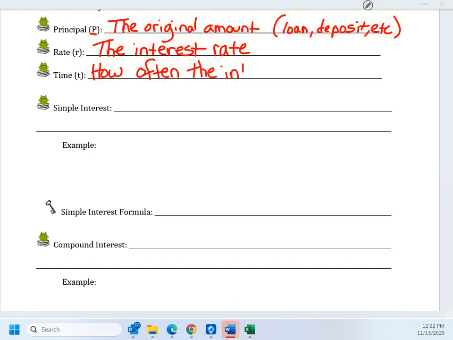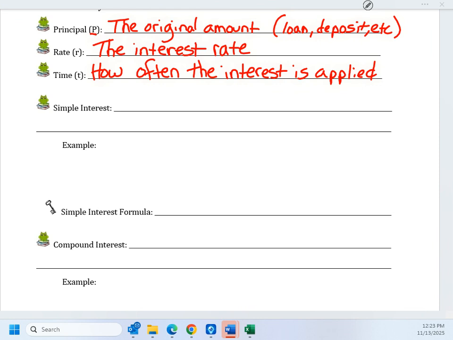the interest is applied. Now, simple interest, because we have two different types of interest we're learning about, simple and compound. First, we're going to focus on the simple interest.